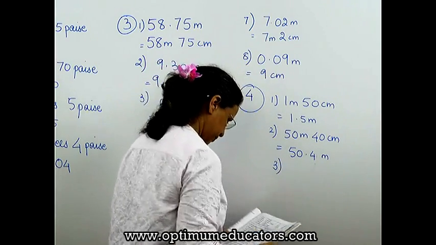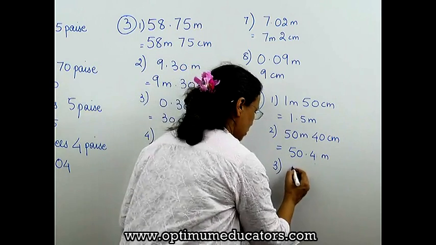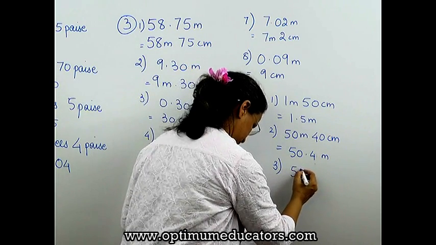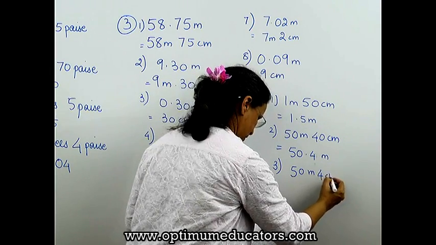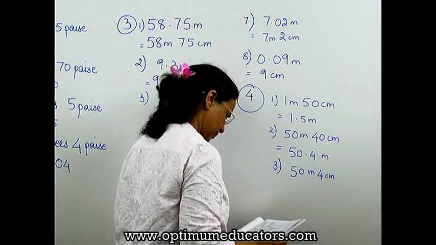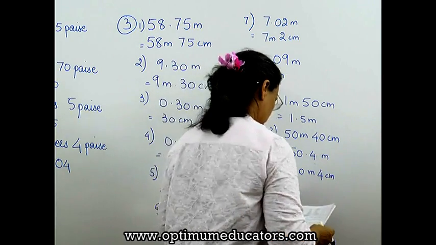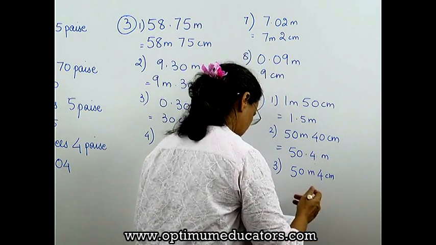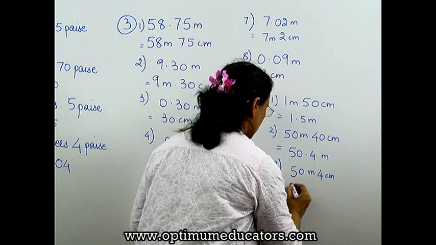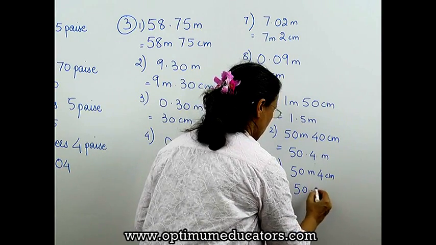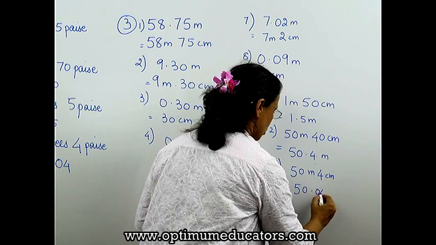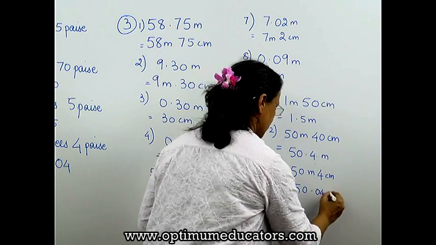Third one, 50 meters and 4 centimeters. So that will be 50.04 meters.